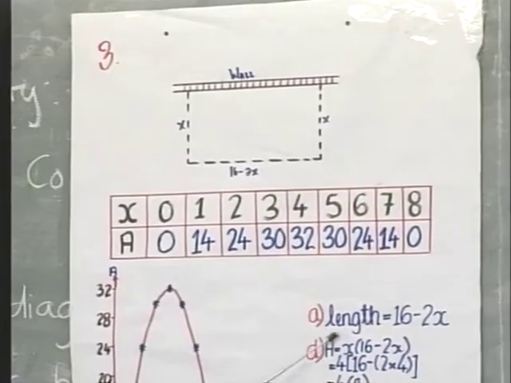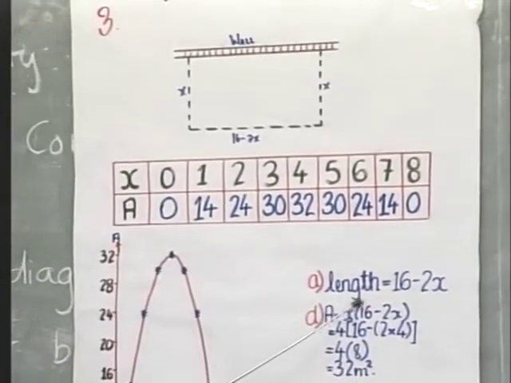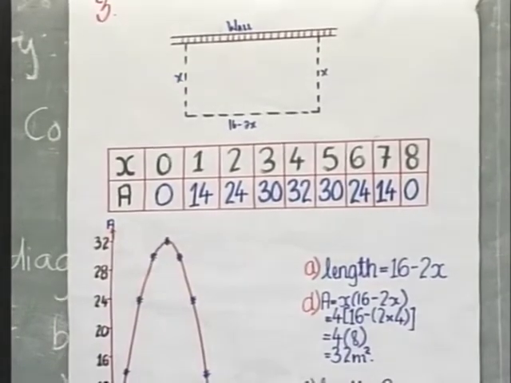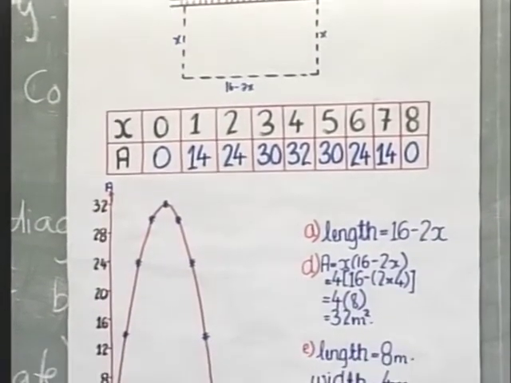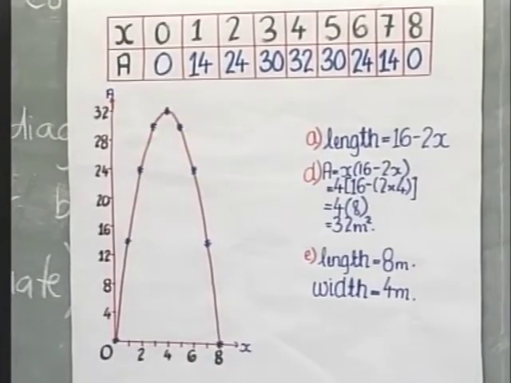For a, since it's labeled as 16, the length is equal to 16 minus 2x.